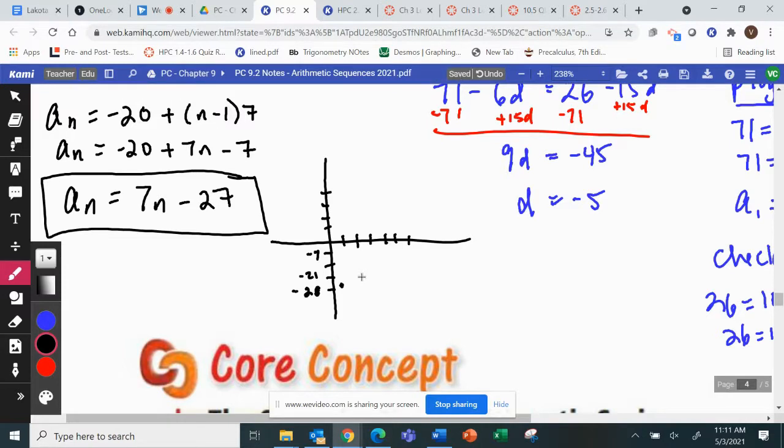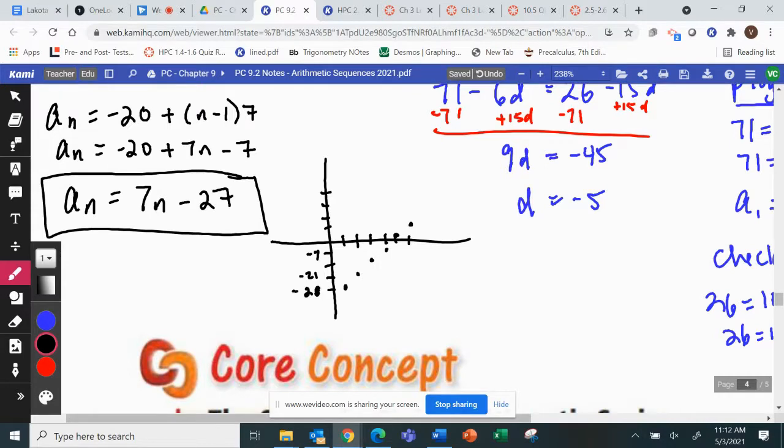So I'm adding 7 and I get negative 20. I have to stare right in front of it to line it up. Then I add another 7 and get negative 13, then negative 6, then 1, and then 8.